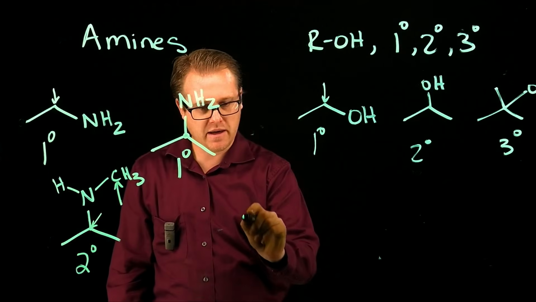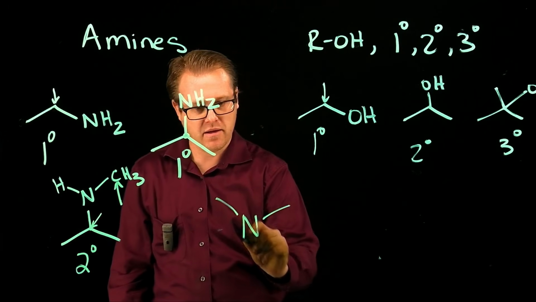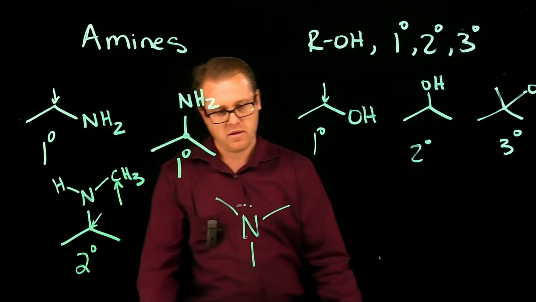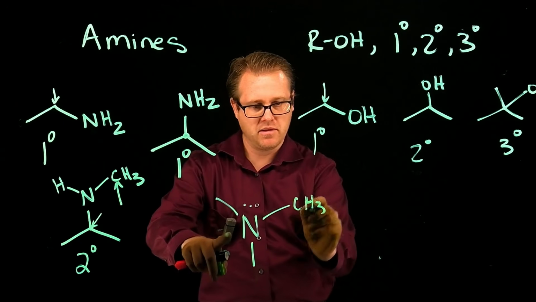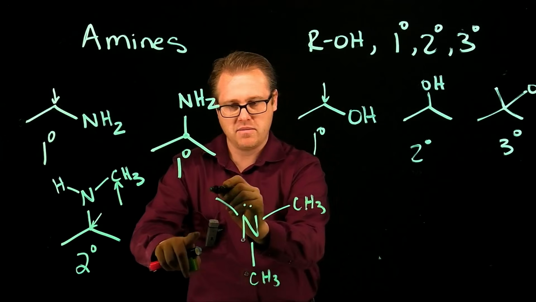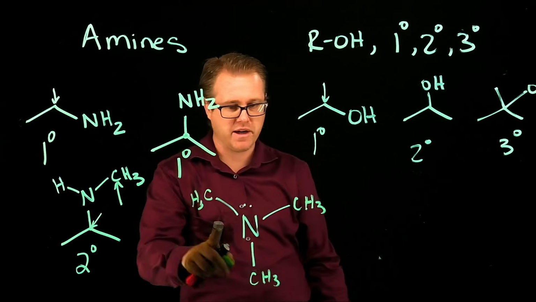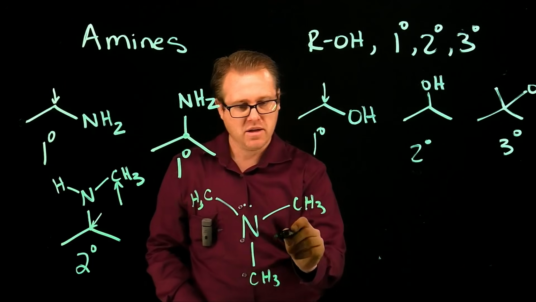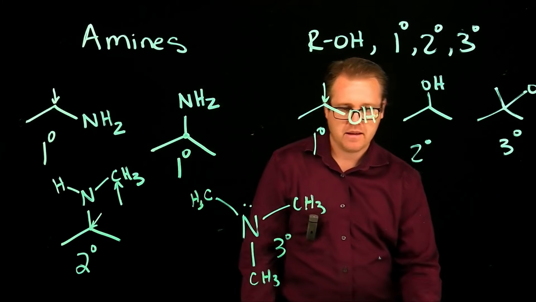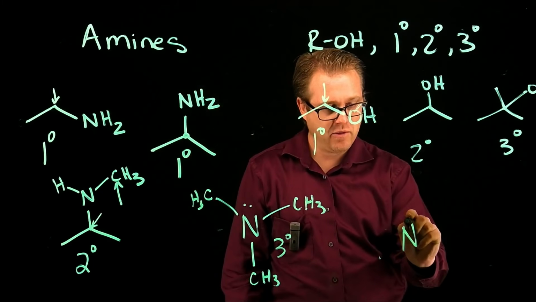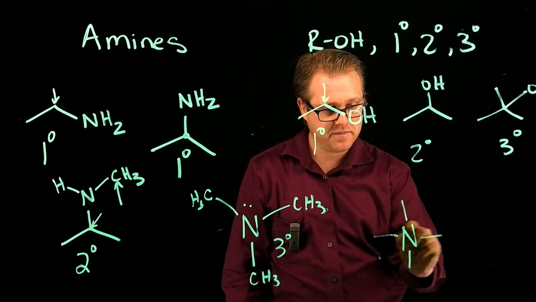And can you see what's going to happen here? What type of amine is this? Well, that's a methyl. That's a methyl, and that's a methyl. So that's 3 carbons directly attached. So that would be a tertiary amine. Now you could have an amine with 4 groups attached.